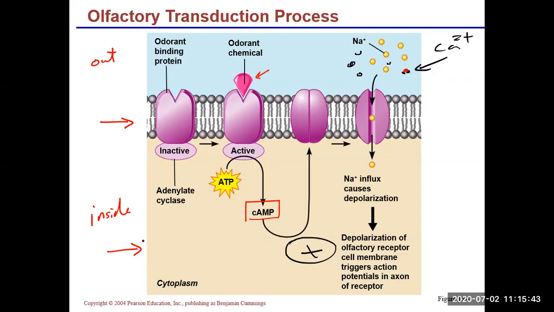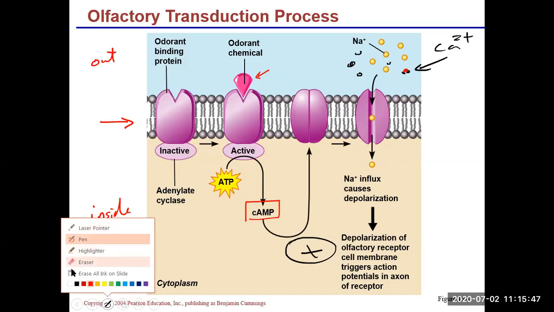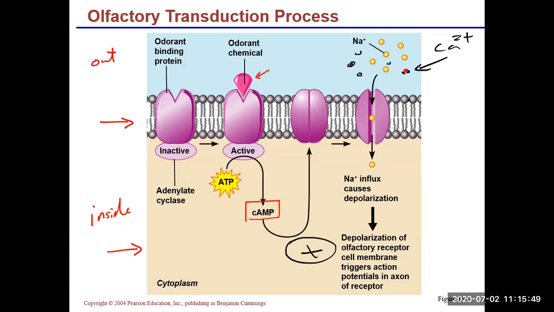Doesn't matter really. But both of these can go right in once the channels are open, and as they go in, these are positive ions, so it can cause depolarization and again trigger the action potential with propagation that we discussed.